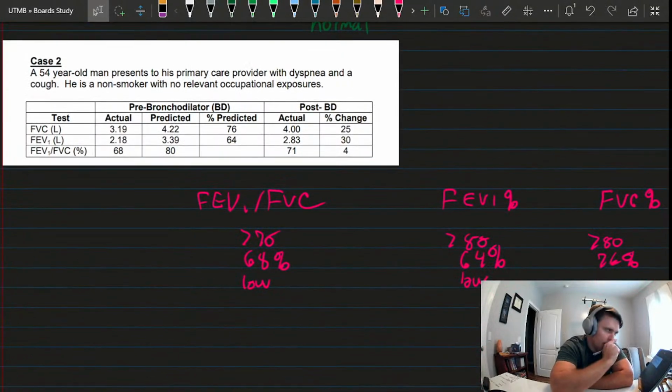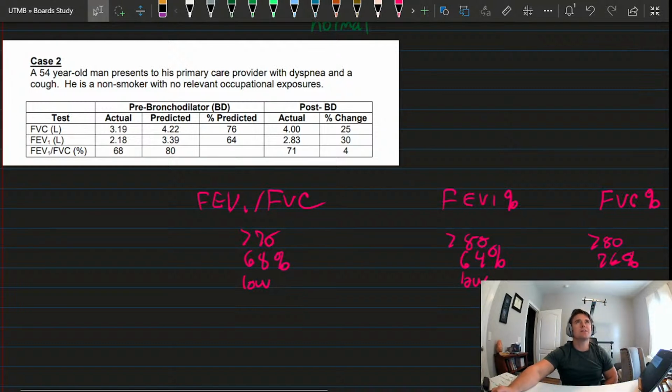So with this, you've got a post-bronchodilator, and you have a 25% change in the FVC and 30% on the FEV1. So that is greater than 12%. So I think 12% is your cutoff. 10 or 12, I don't remember. Yeah, 12%.